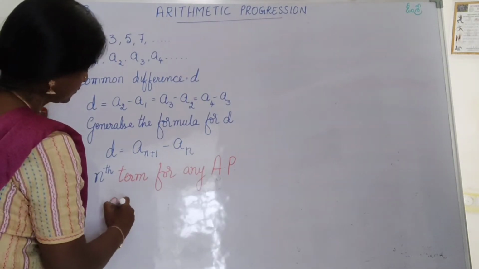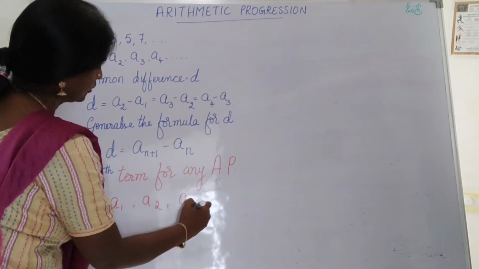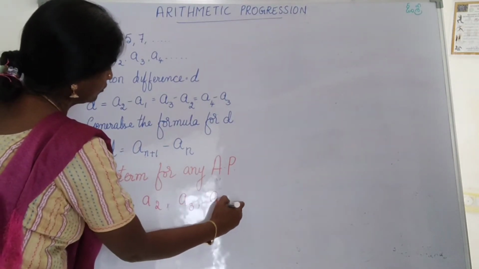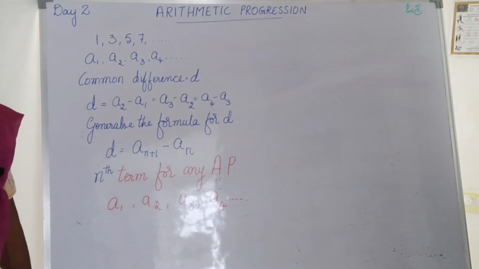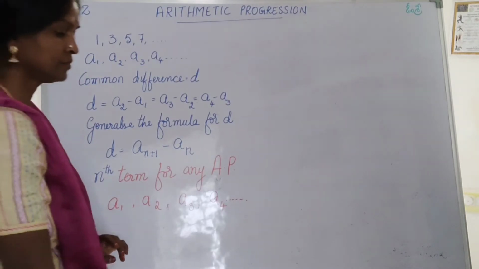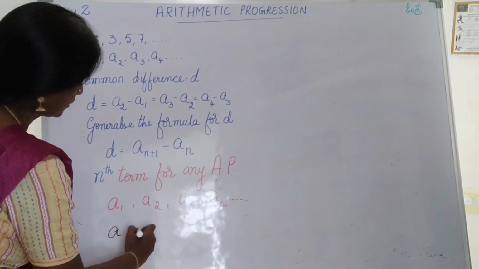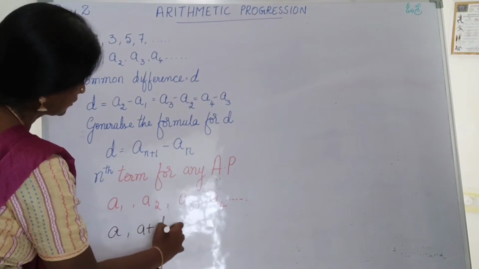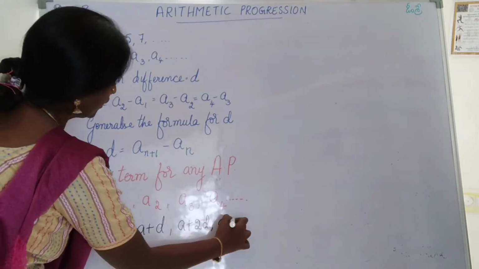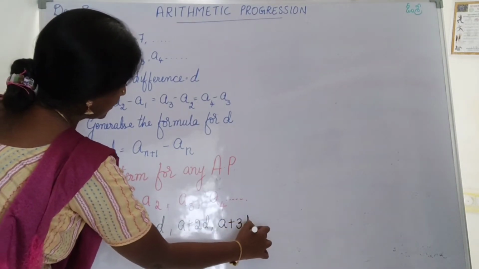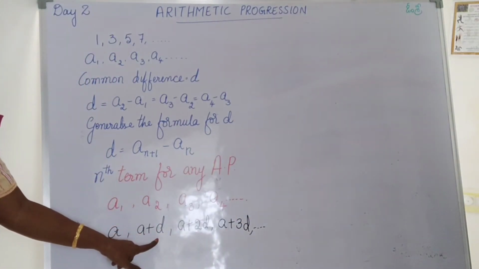We represent A1, A2, A3, A4 and so on as the terms in the arithmetic progression. These terms can also be written as A, A plus D, A plus 2D, A plus 3D and so on, where D is the common difference.